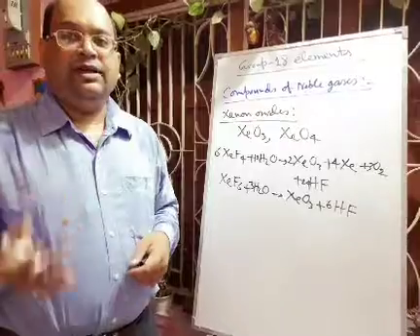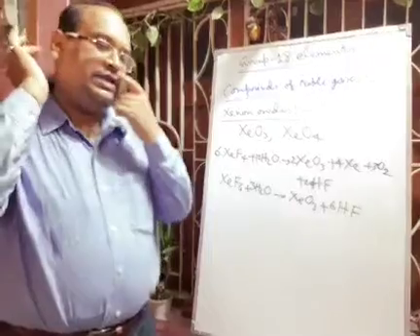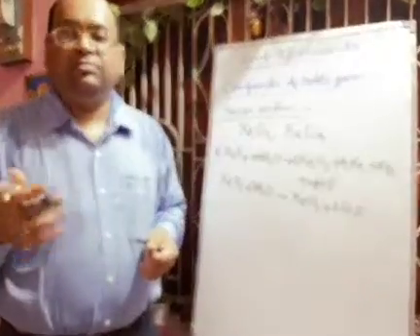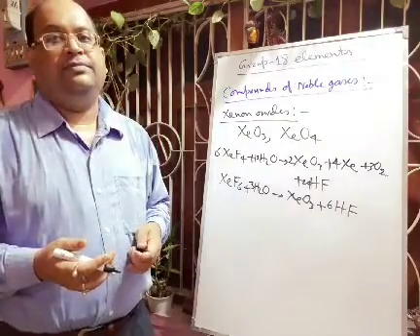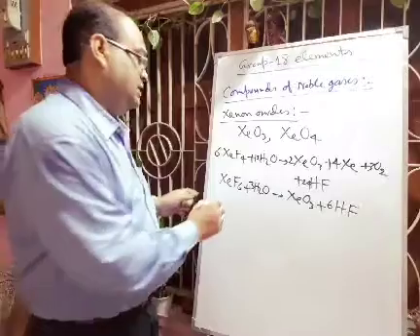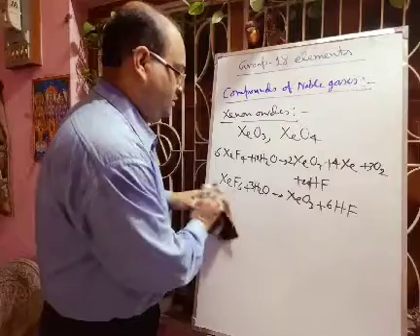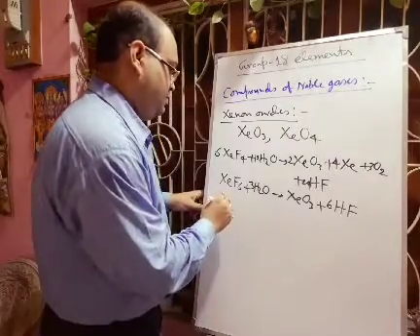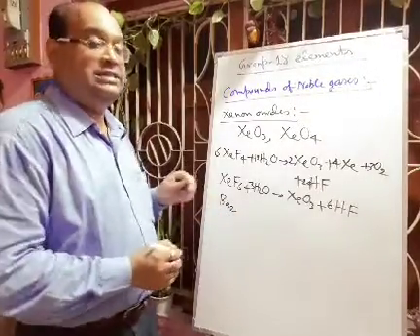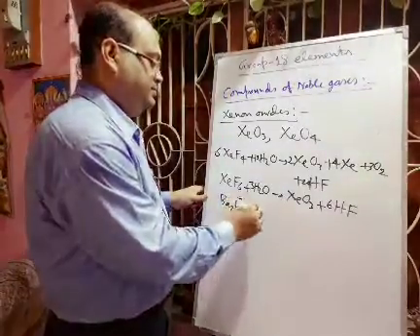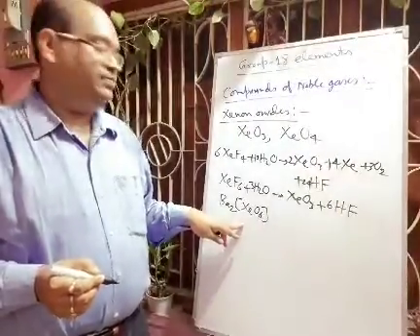Xenon tetroxide is obtained by the action of anhydrous sulfuric acid on barium perxenate. Barium perxenate formula is Ba2XeO6.